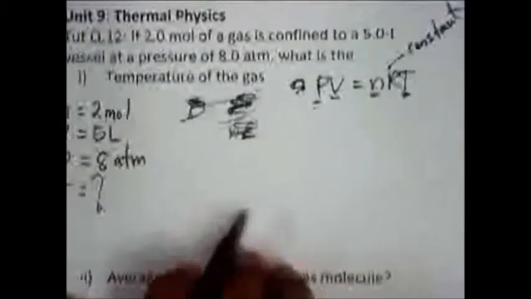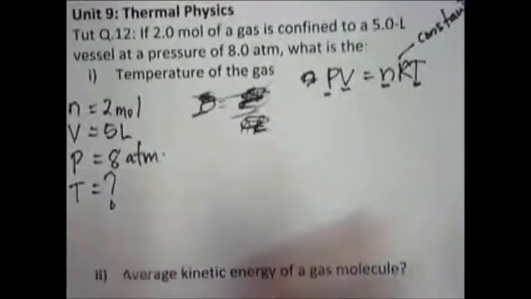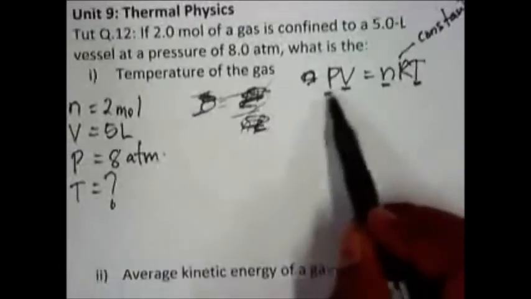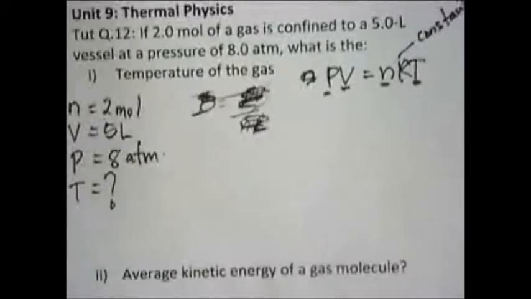Okay, R is a constant. Now if you use 8.314 as the constant, then it's a fairly simple question where it's a matter of putting the values into P, V, n and R, and you get your T.